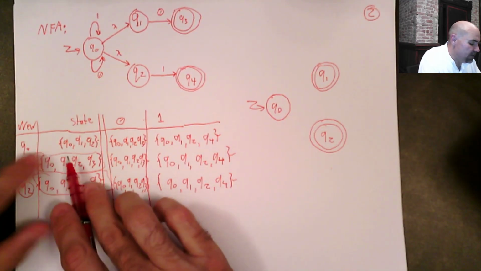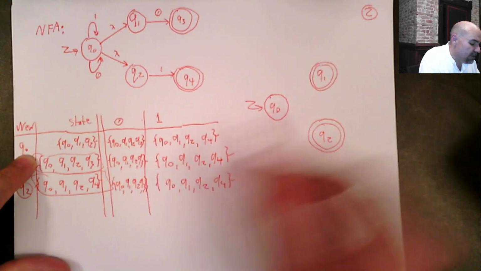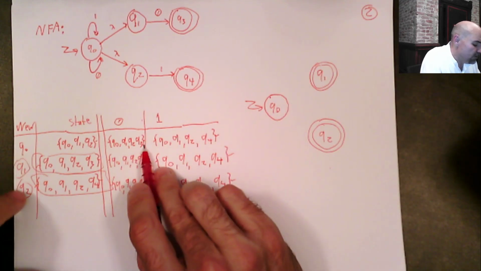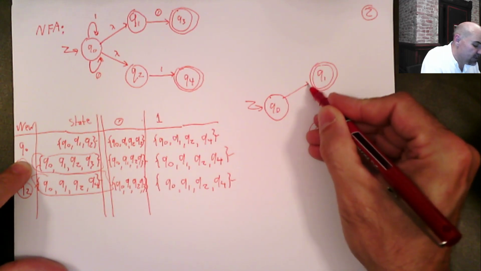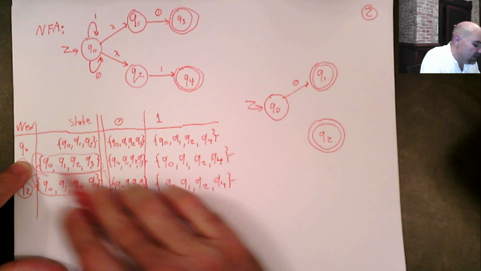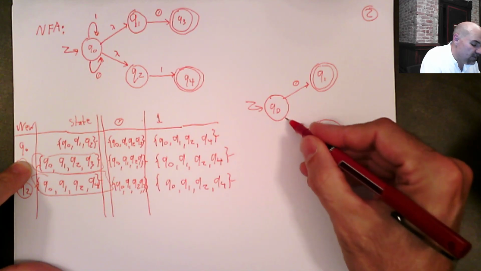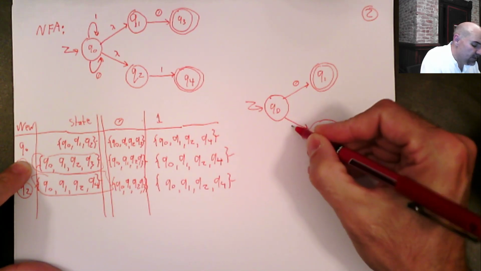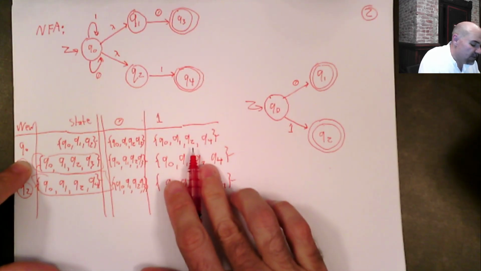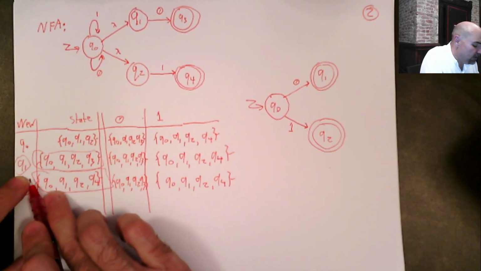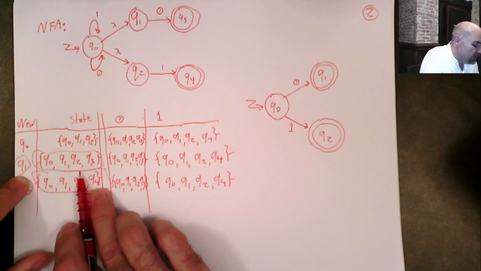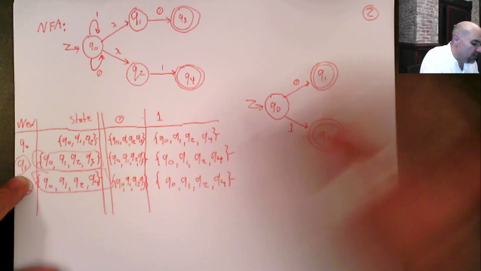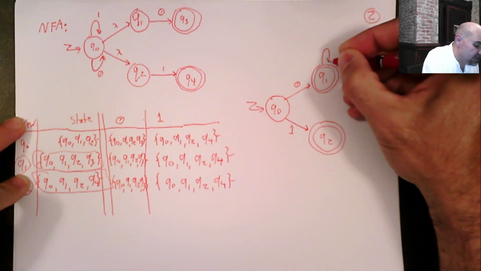Now, Q0 was this one. On a 0, it goes to 0, 1, 2, 3, which is now Q1. So on a 0, that's going to go up there. On a 1, Q0 is going to go down here. So that takes care of that one. And now Q1 on a 0 is going to stay there.